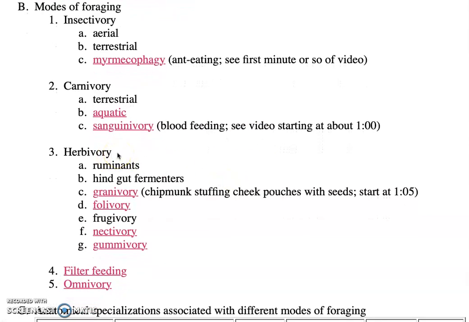Then we have herbivory as a major category, and there are quite a few different strategies that mammals have for feeding on plant material and being herbivores. So the first 2 refer to different architectures of the digestive tract that are very common among herbivores. Ruminants are herbivores that have a complex stomach structure.